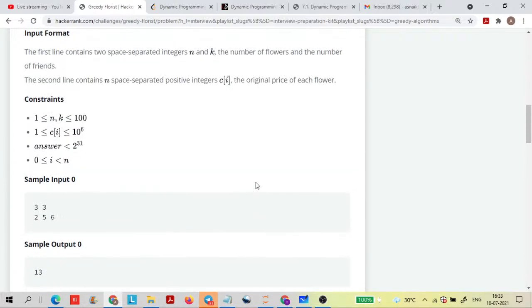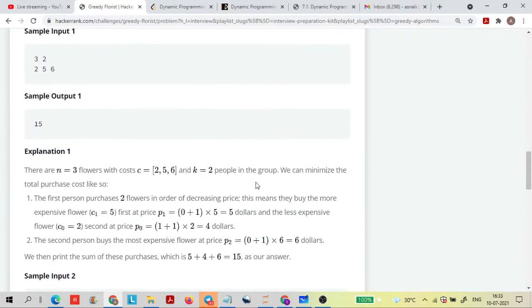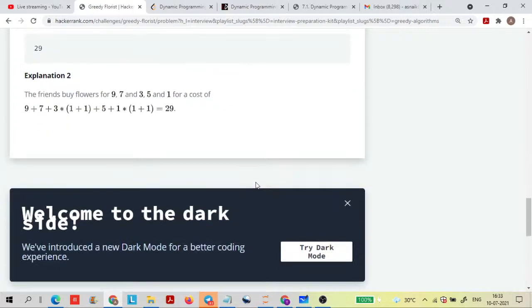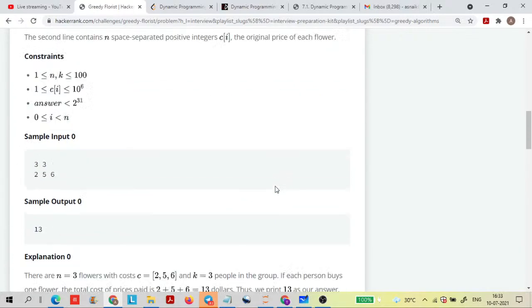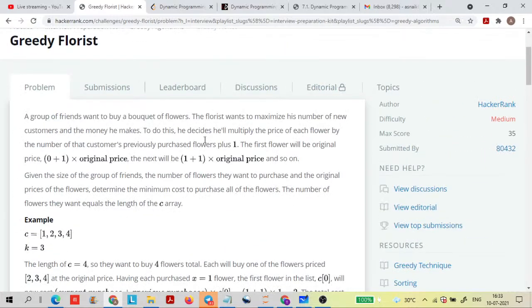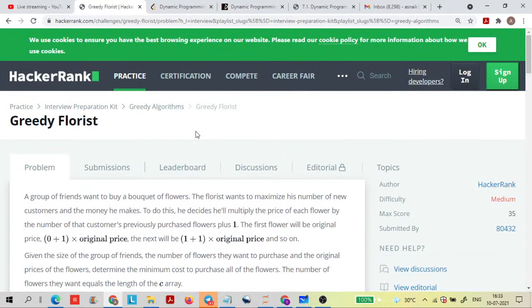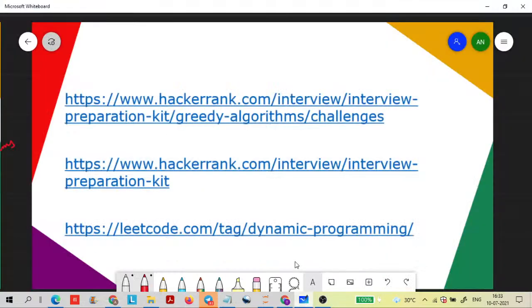So I suggest you go through the interview preparation kit of the HackerRank platform.